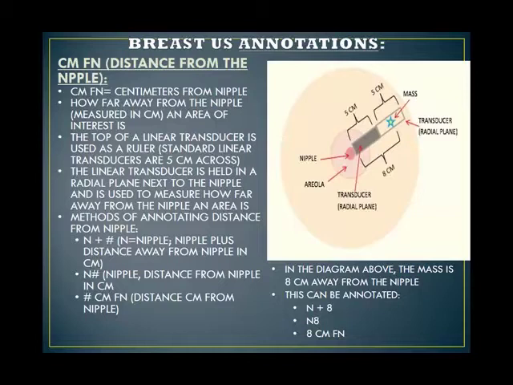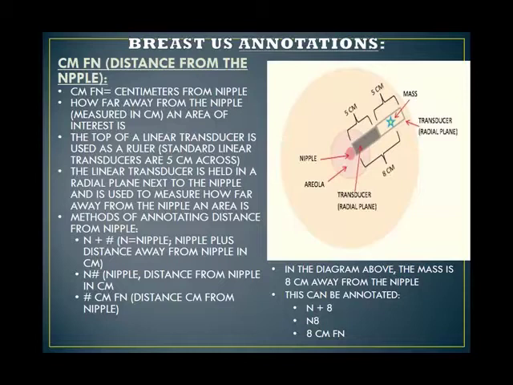So when we're labeling the breast, the first thing we want to say is which breast. So we'll just say right or left breast. The second thing on our list is going to be the clock.